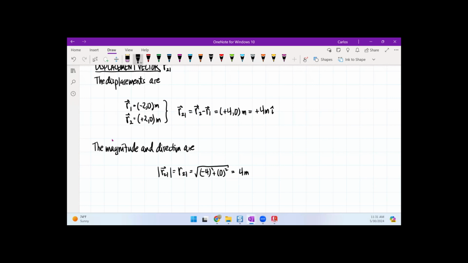The direction is the tangent inverse of 0 over 4, which is, of course, 0 degrees. So I have my vector r21 with a magnitude of 4 meters and a direction of 0 degrees, exactly as we expected.